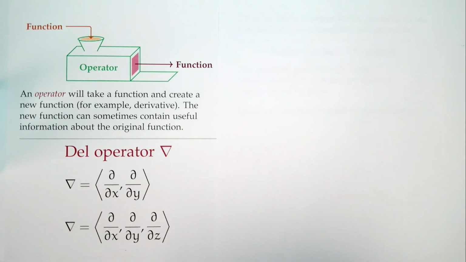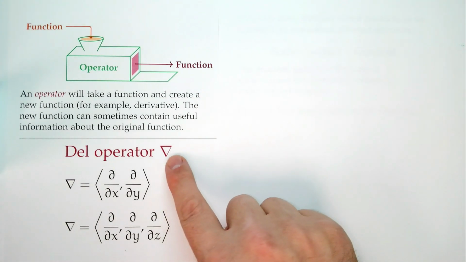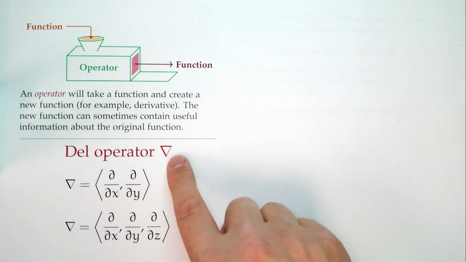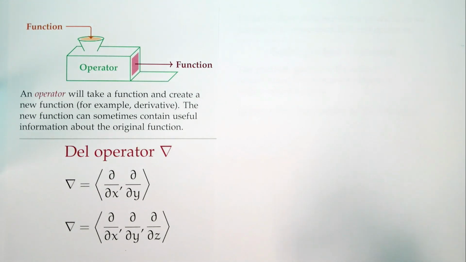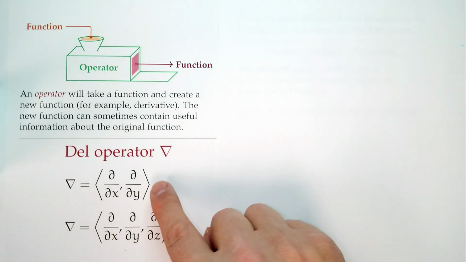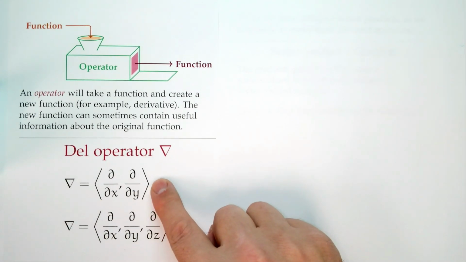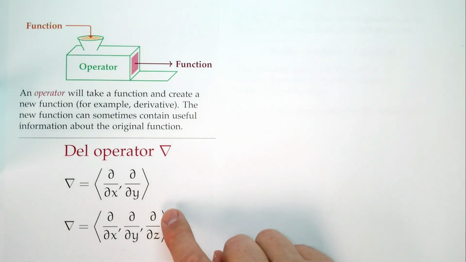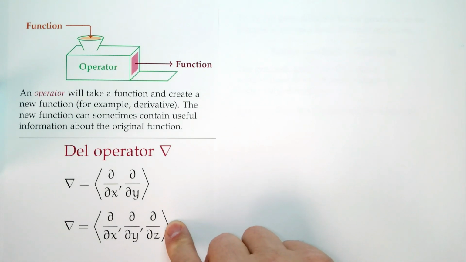The answer is we're going to use the del operator. Again, del is this upside-down triangle. It depends on how many dimensions you have. If you're dealing with two-dimensional objects, del consists of partial x, partial y. If it's three dimensions, del is partial x, partial y, partial z.